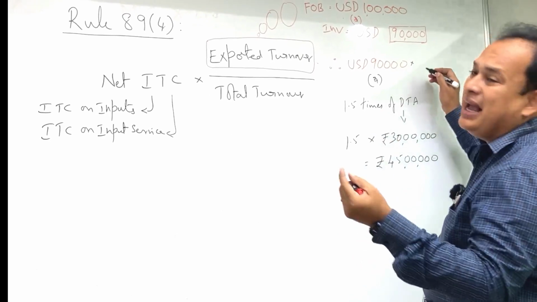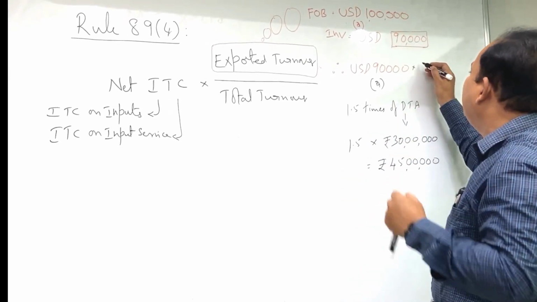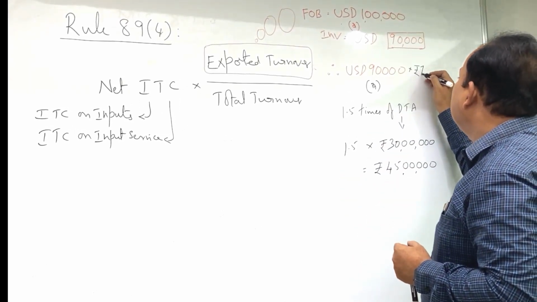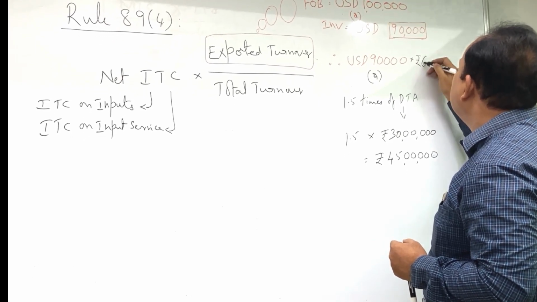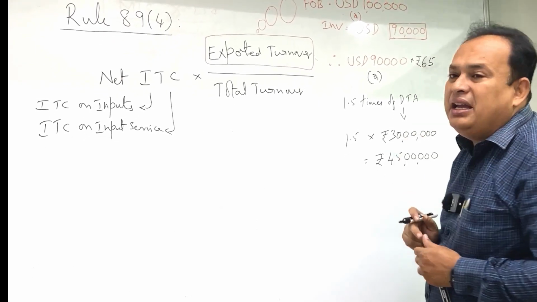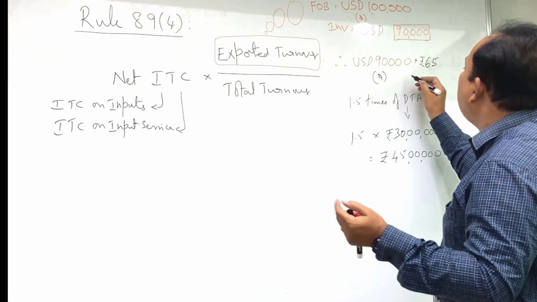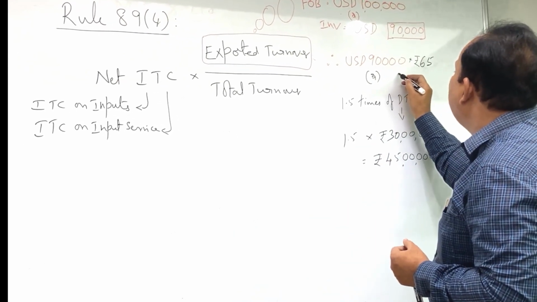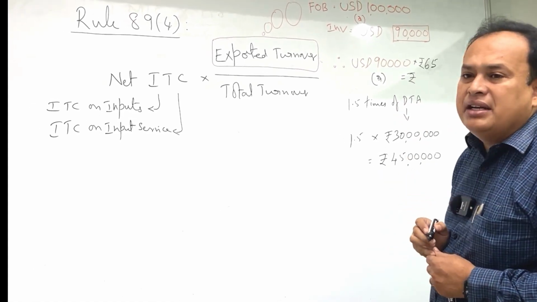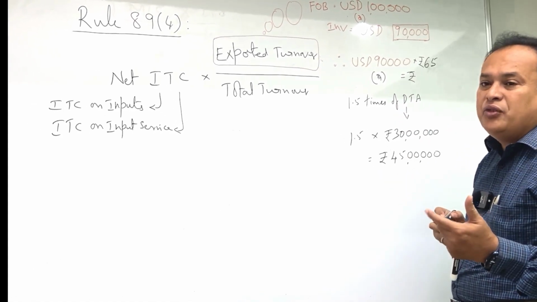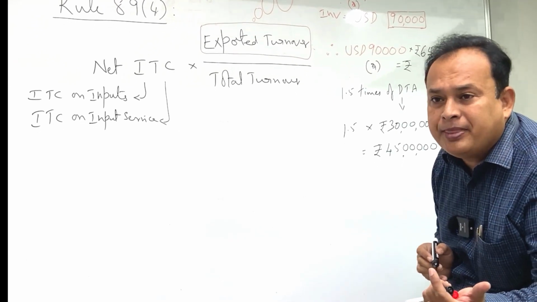So for example, let us say it is declared as 65 rupees per dollar. How much comes here as the value in Indian rupees? 65 rupees per dollar, for $90,000, how much amount?